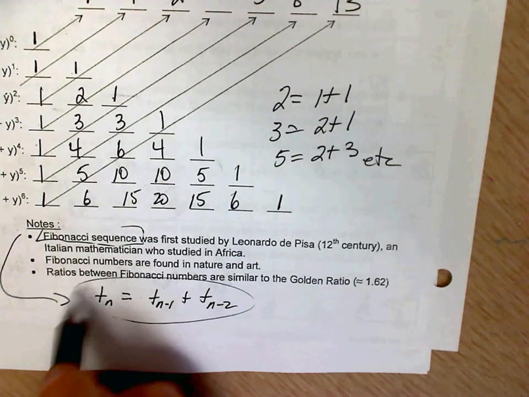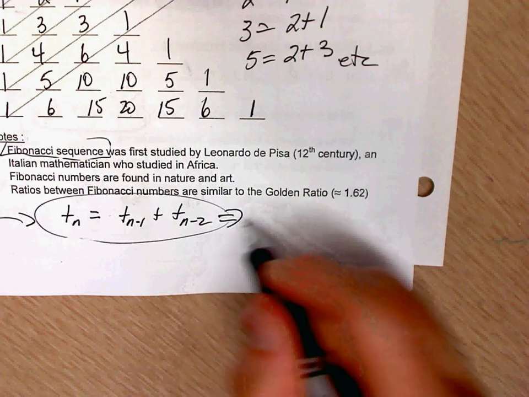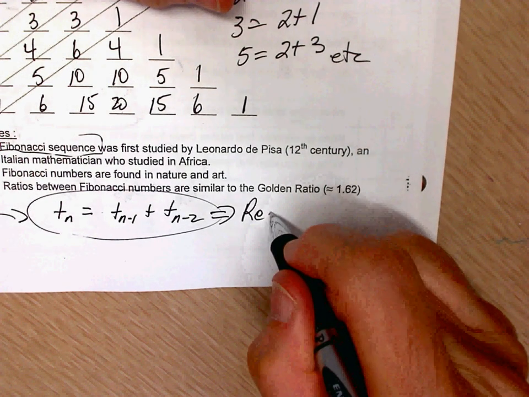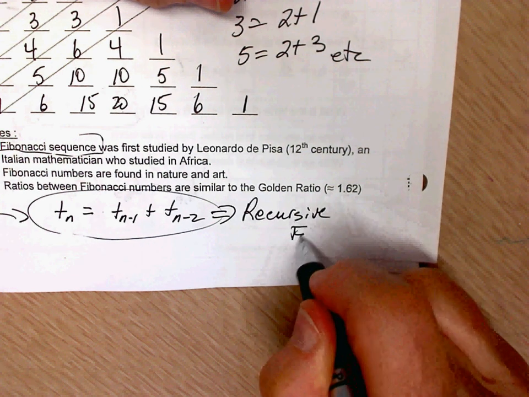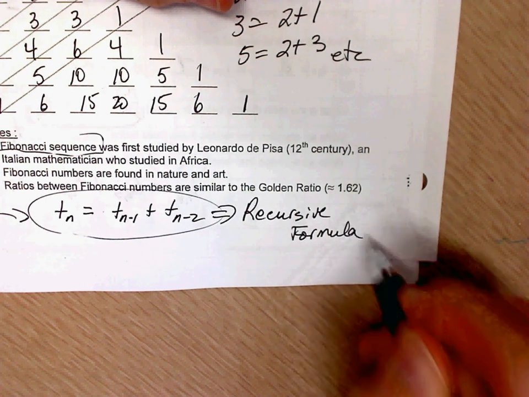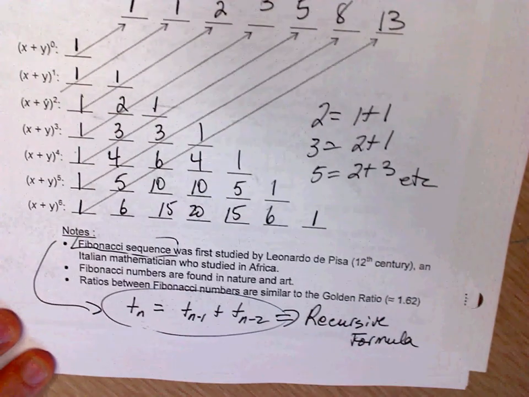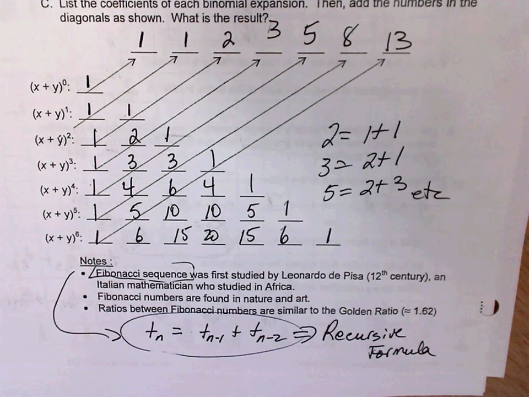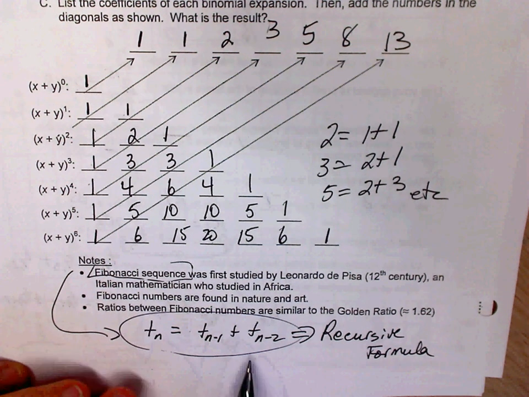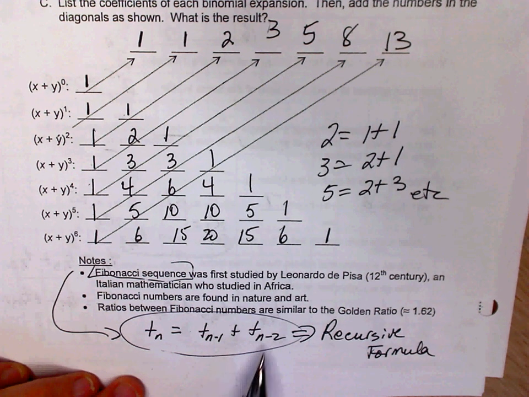This is a recursive formula. Can I answer any questions? A recursive formula is a formula where you need prior terms to get the next term. We'll do more on that next week.